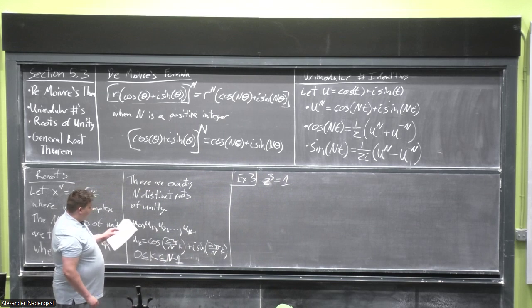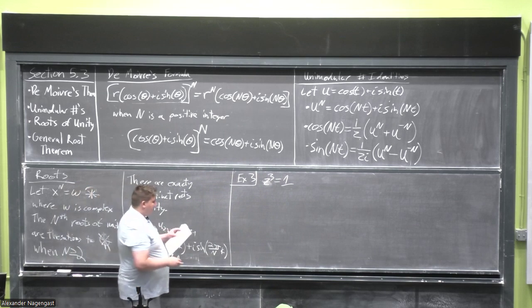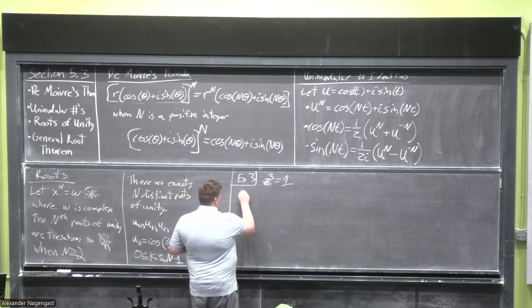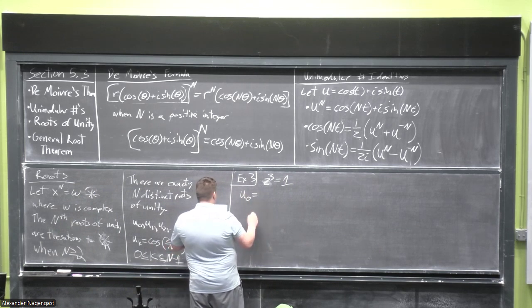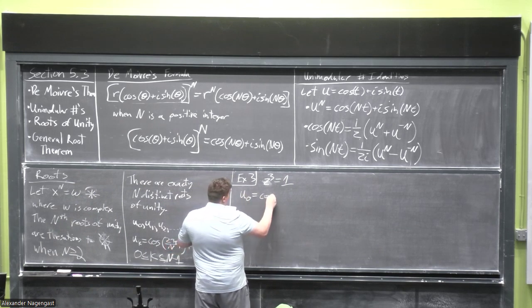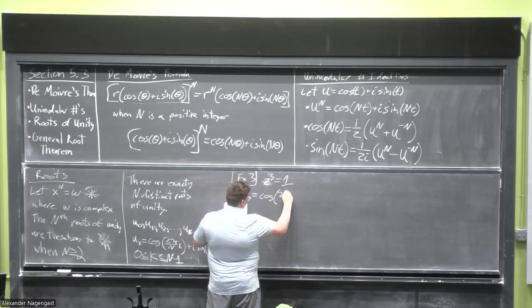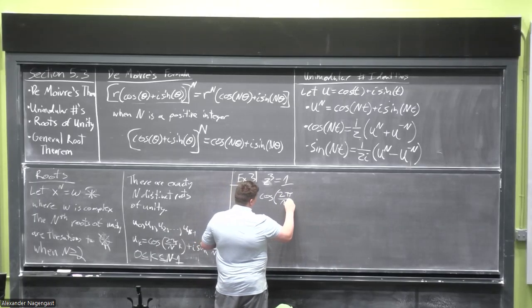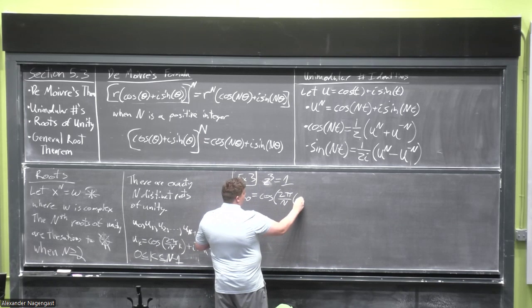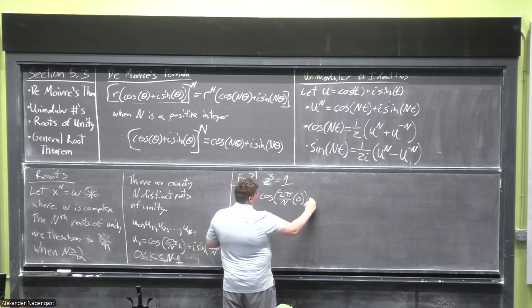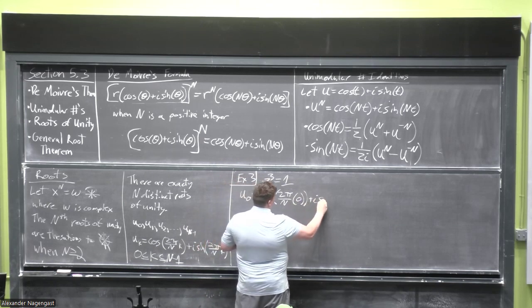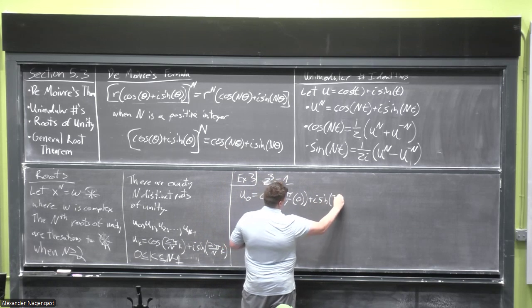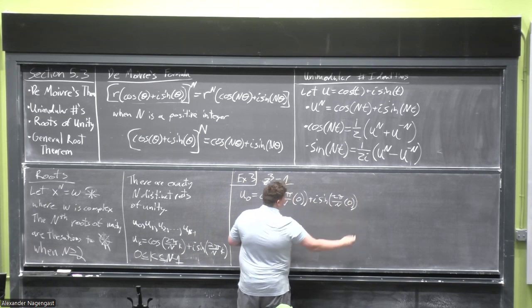So we apply this formula, and we're going to have u0 equals cosine of 2 pi over n times 0 plus i times sine of 2 pi over n times 0.